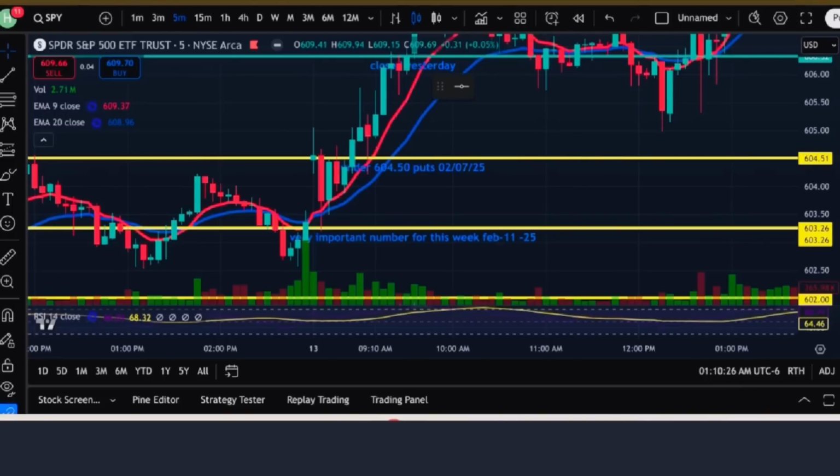The PPI is calculated by averaging the change in prices received by domestic producers for their output. The core PPI is calculated by excluding volatile items like energy and food from the PPI. So why is the core PPI important? The core PPI is a key indicator of inflation trends. So go back and take a look and read those definitions.